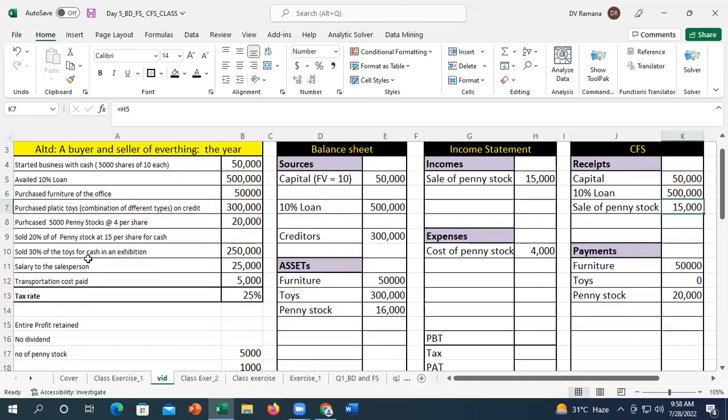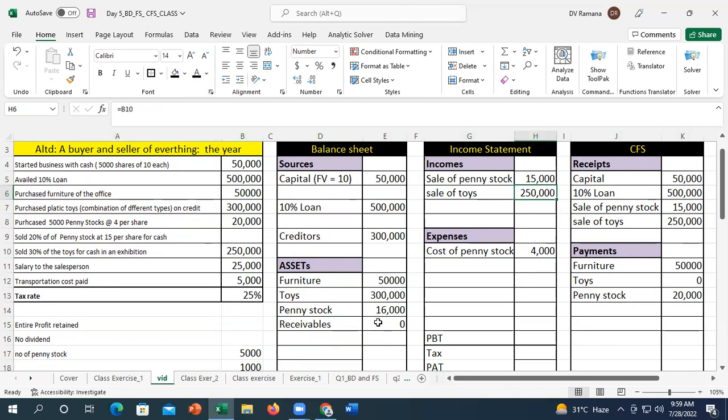Then they sold 30% of the toys for cash, and so the cash received is 250,000. If the company has received cash, there will be no receivable because the entire sale of toys has been for cash.